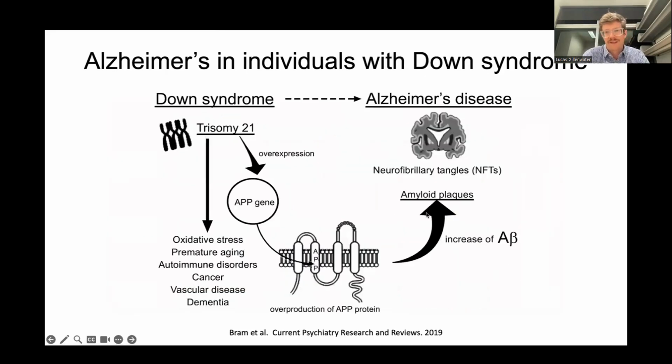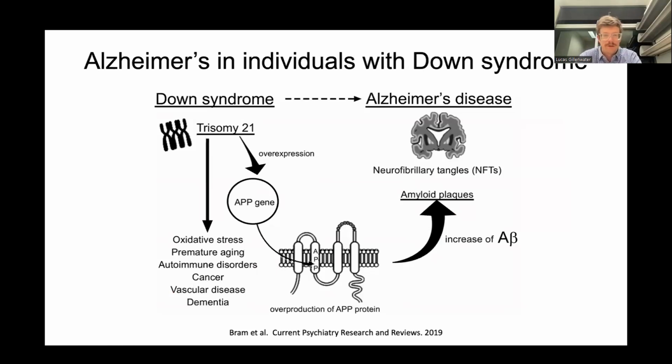And so an example of how we can use these molecules to better understand how people with Down syndrome develop Alzheimer's disease is that in someone with 3 copies of chromosome 21, or trisomy 21, they have an increased expression of a particular gene known as APP, which stands for amyloid precursor protein.